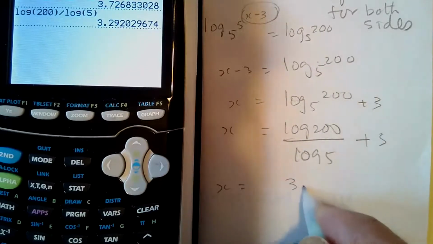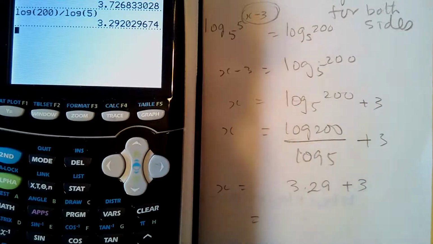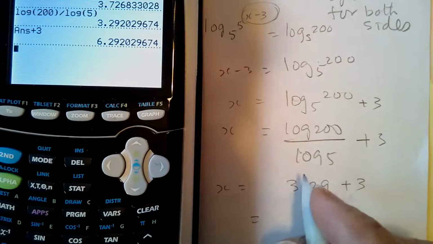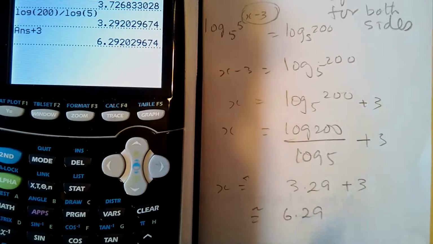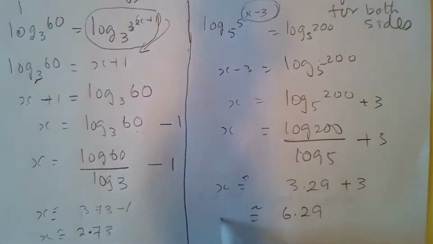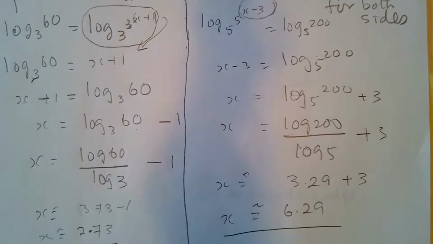So it's approximately 3.29, plus 3 equals approximately 6.29. So x equals 6.29.